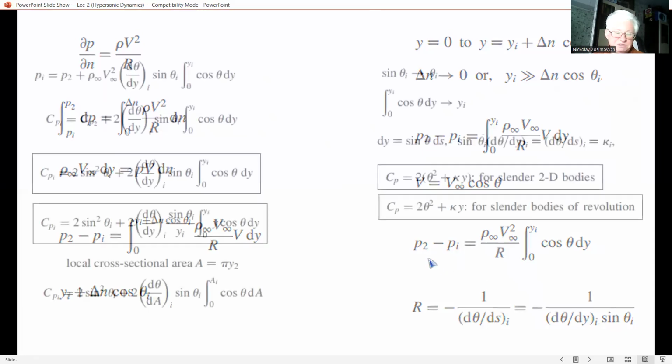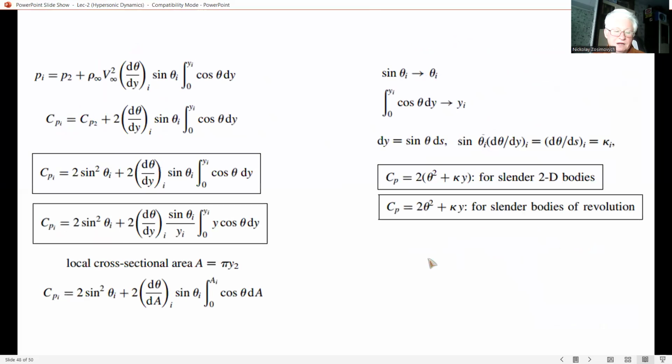Substituting, combining, and rearranging, we get the expression for p1. p1 will be equal to p2 plus rho v squared times d theta over dy at point 1, times sine theta 1, times the integral from 0 to y sub 1 of cosine theta dy.